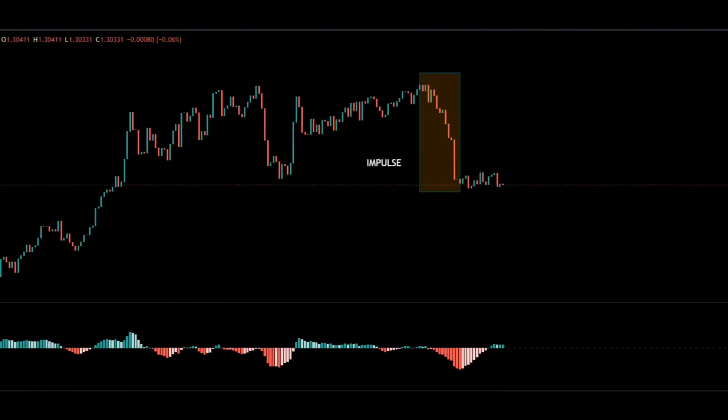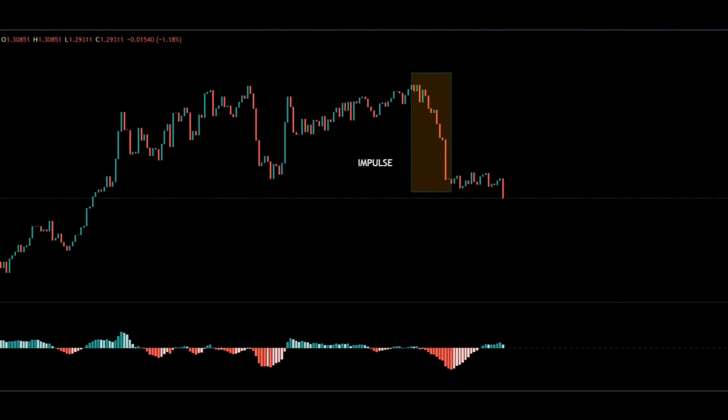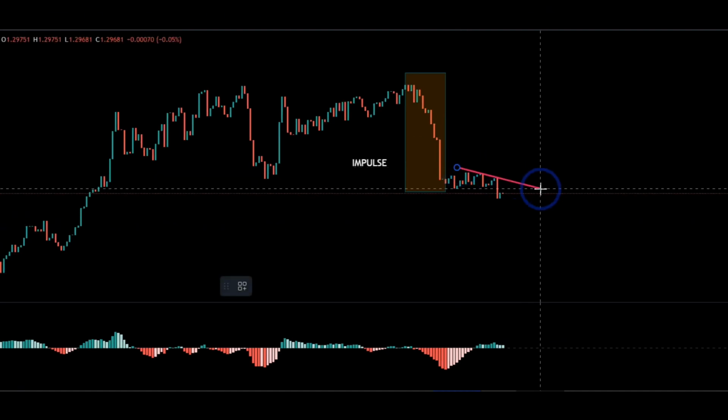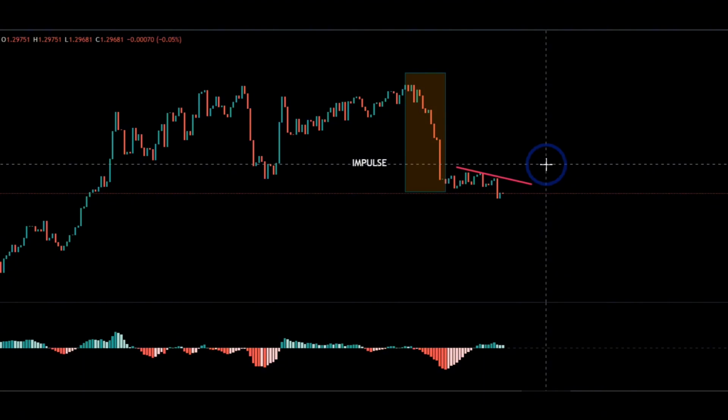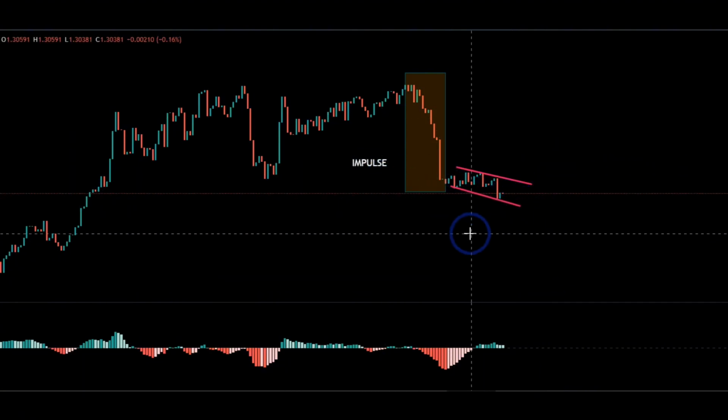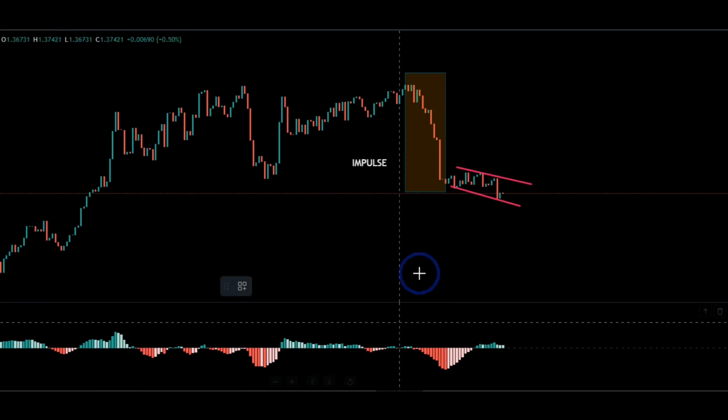As we can observe, we have a bearish impulse move here, followed by a correction. This correction signals a weakness in the selling pressure, indicating a possible reversal. After this impulse move, we notice the market showing signs of weakening.